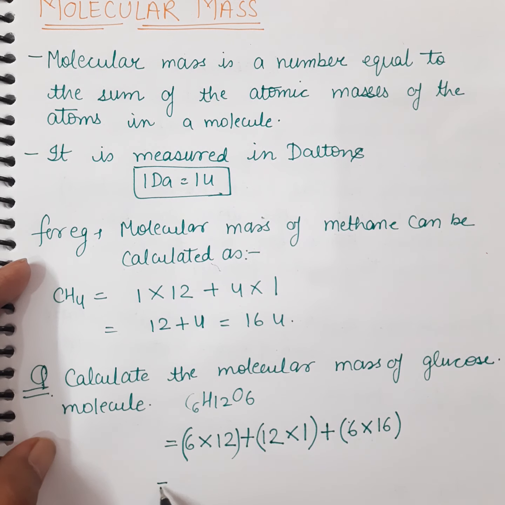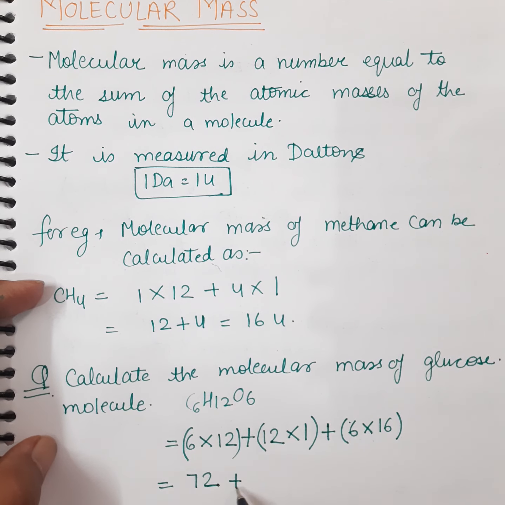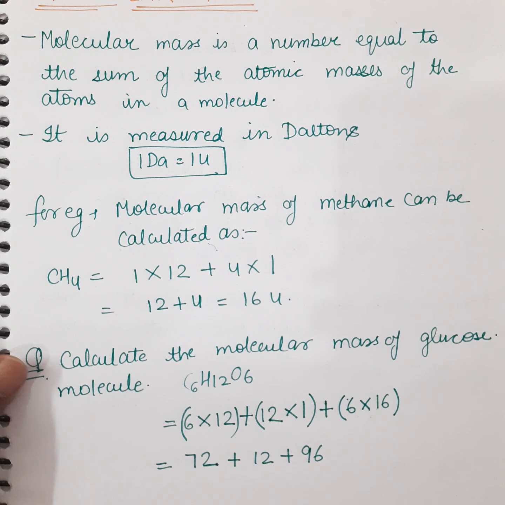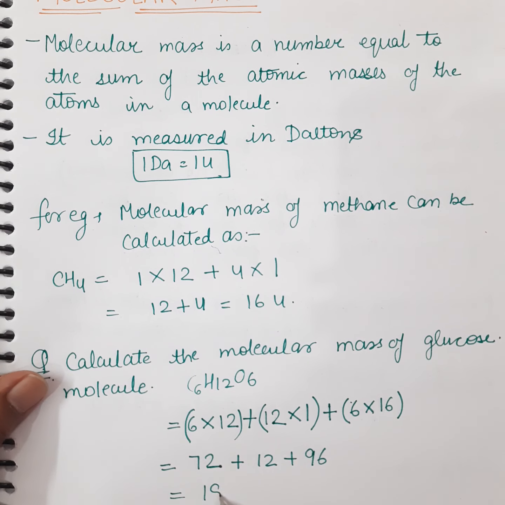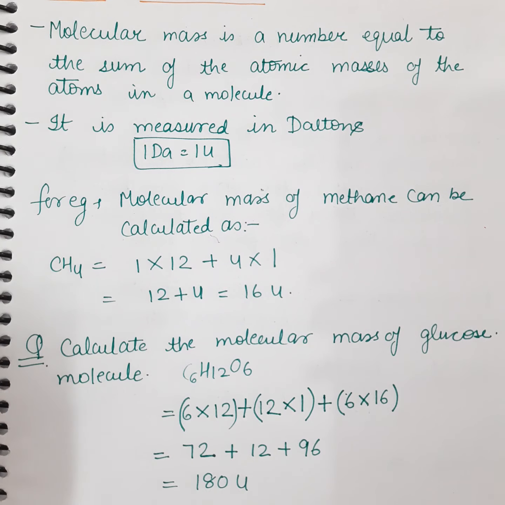Once you solve this, it is 72 plus 12 plus 96, and once you add all three, you get 180 u. So this is the molecular mass of glucose.